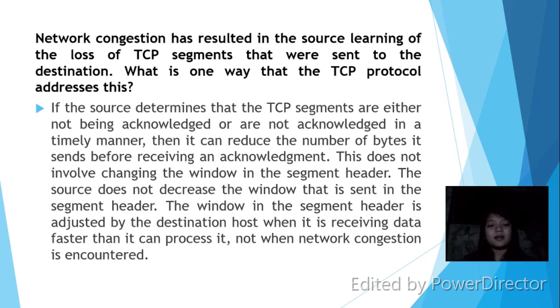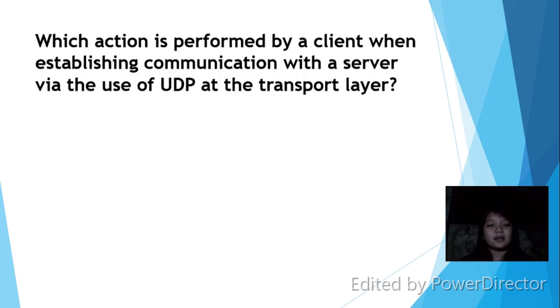The source does not decrease the window that is sent in the segment header. The window in the segment header is adjusted by the destination host when it is receiving data faster than it can process it, not when network congestion is encountered.